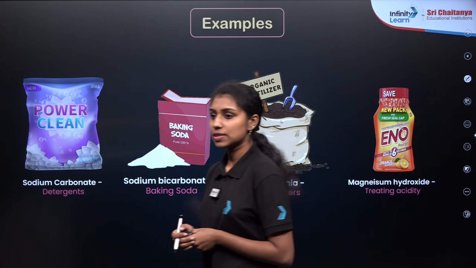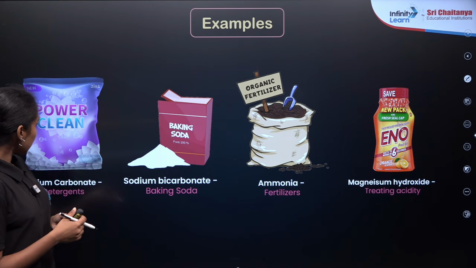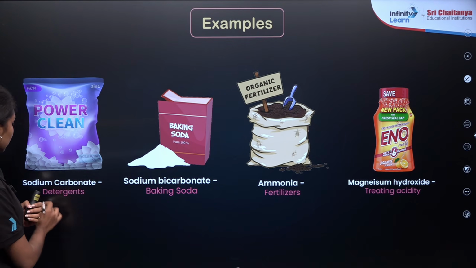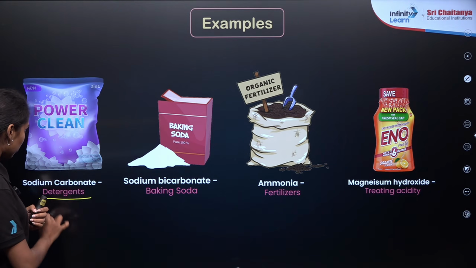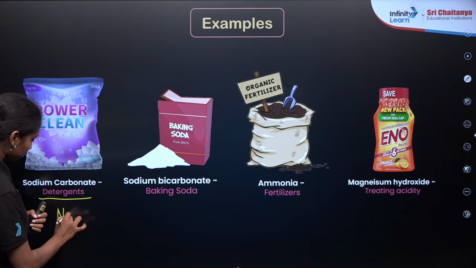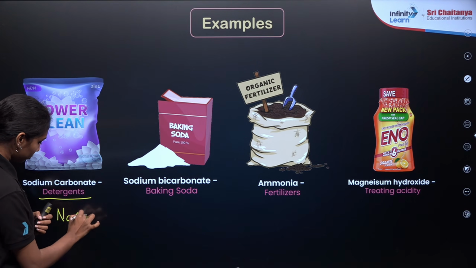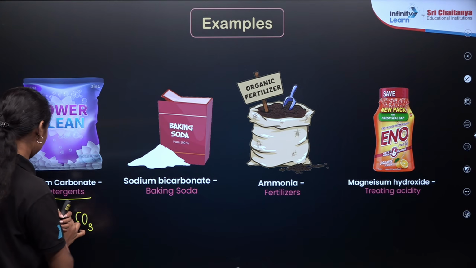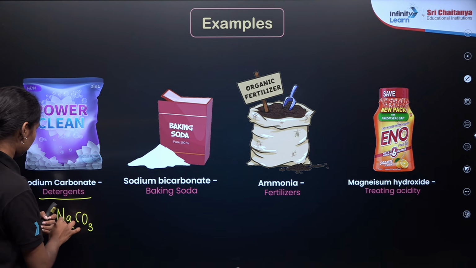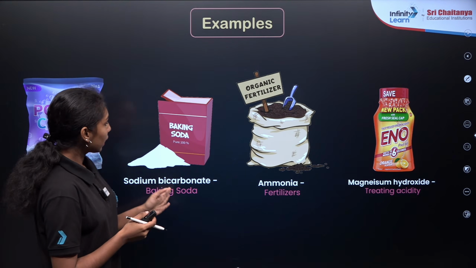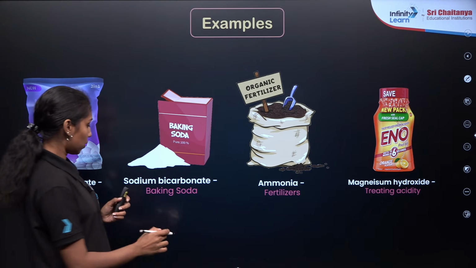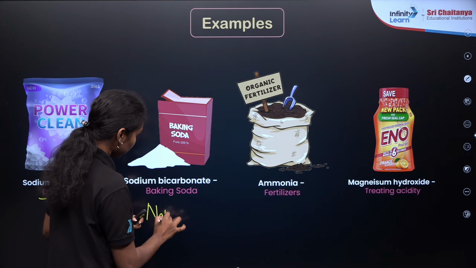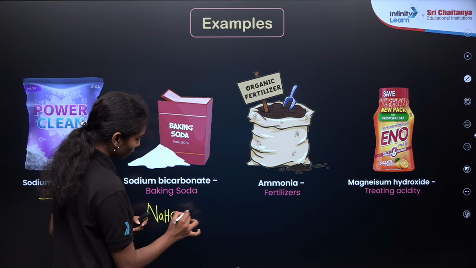Yes, potassium hydroxide is one of the examples, right? Some of the examples you can see here: in detergent, sodium carbonate, Na2CO3. Then sodium bicarbonate, NaHCO3, also known as baking soda, is another example of a base.